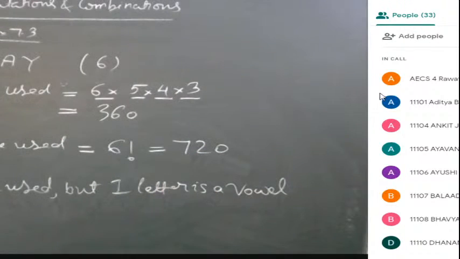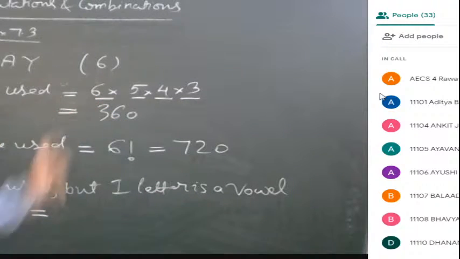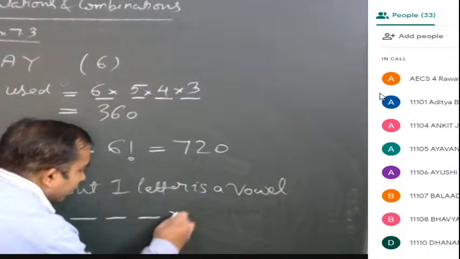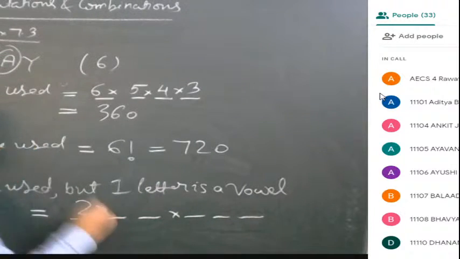Now, in the next part they are asking all letters are to be used, but first letter is a vowel. No problem. I will do it in this manner, by the fundamental principle of counting. I have to fill 6 places, and I will write the option for every place. For the first place, how many options? They are saying it should be a vowel. So, vowel means 2 options for the first place.